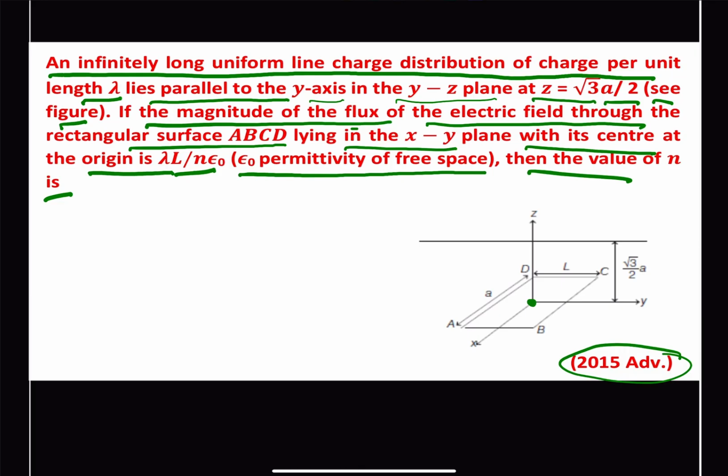And there is a line charge whose distance from the y-axis, or we can say the center of this plane, is given as root 3 by 2 times A. The charge per unit length is given as lambda, and the value of the flux associated with this rectangle is given as this. So we have to find out the amount of flux associated with the rectangular loop ABCD, equate it with the given term, and then we are going to get the value of n.